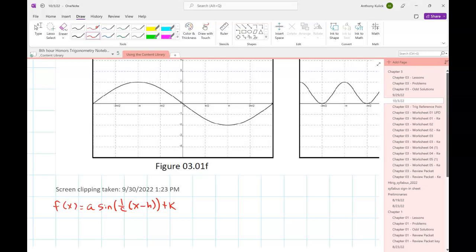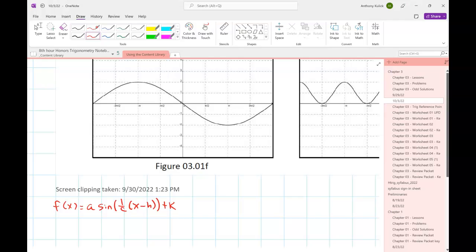So my goal here is to figure out the values for A, C, H, and K that give me this picture. Cool? If I'm given a picture what I'm going to be using are those attributes that we talked about all of our sinusoids having back during the last lecture. So I'm going to be using the midline, the period, the amplitude to help me get some of these values.